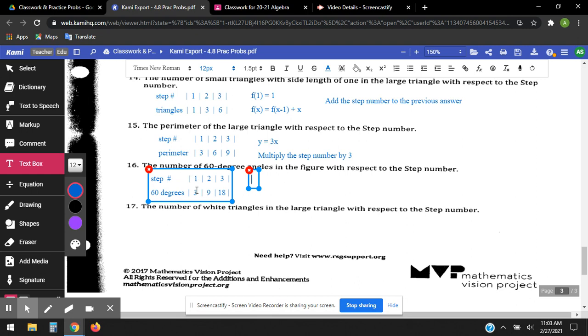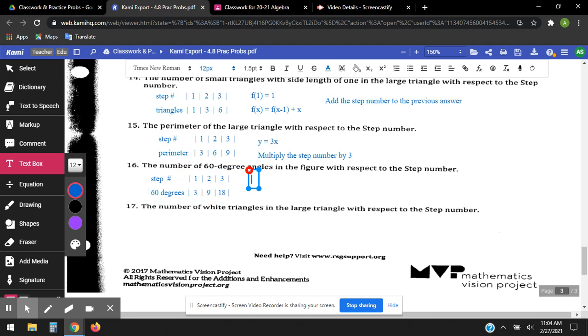What if we did times 3 and add the previous? The first 0 would be 0, right? Times 3, add 3. Times 3, add 9. Oh, look at this. If we times this one by 3, and then we add the previous answer, that's an 18.